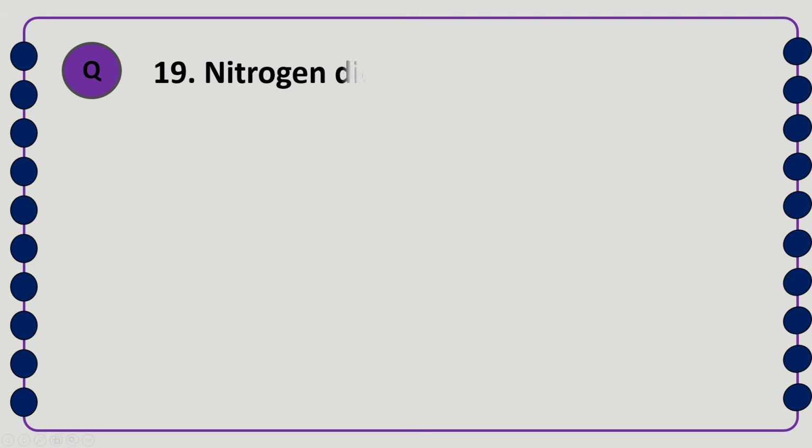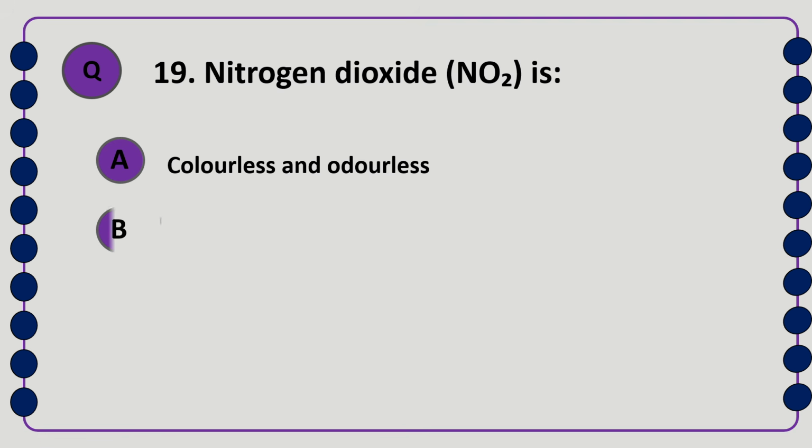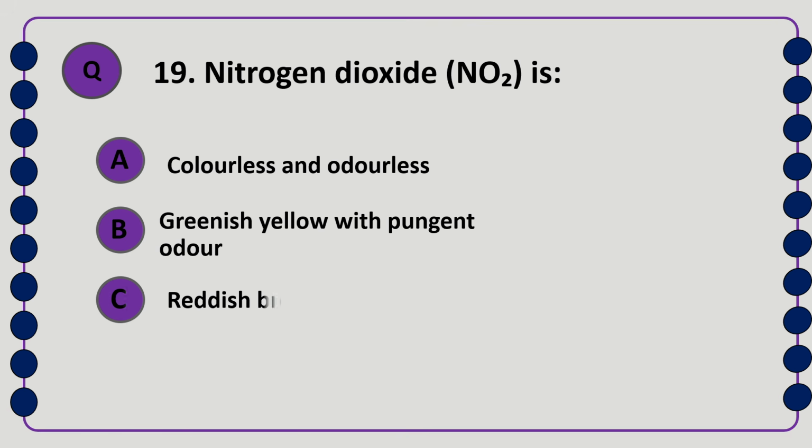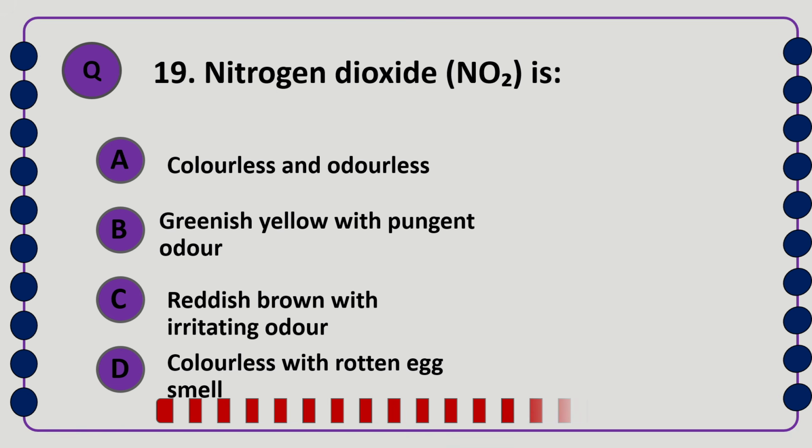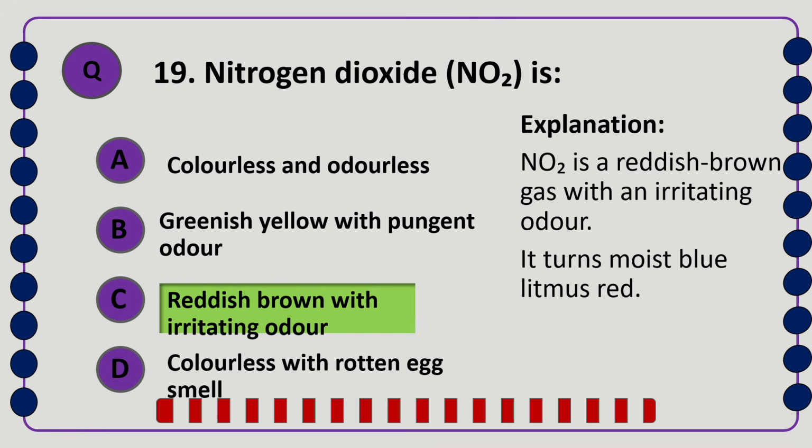Question number 19. Nitrogen dioxide is colorless and odorless, greenish yellow with pungent odor, reddish brown with irritating odor, or colorless gas with rotten egg smell. The correct option is reddish brown with irritating odor.